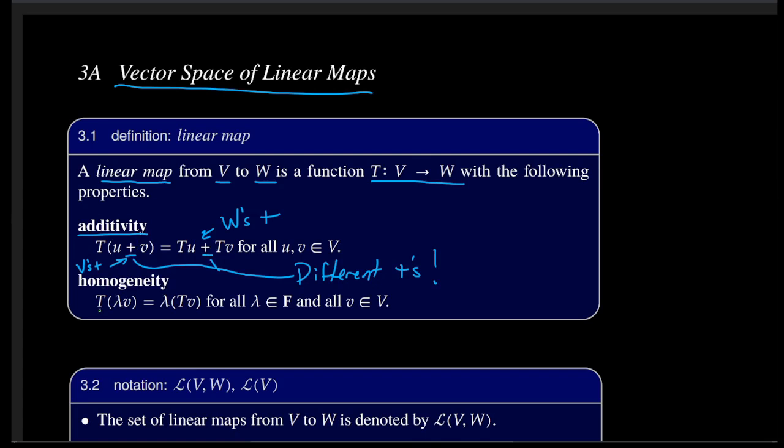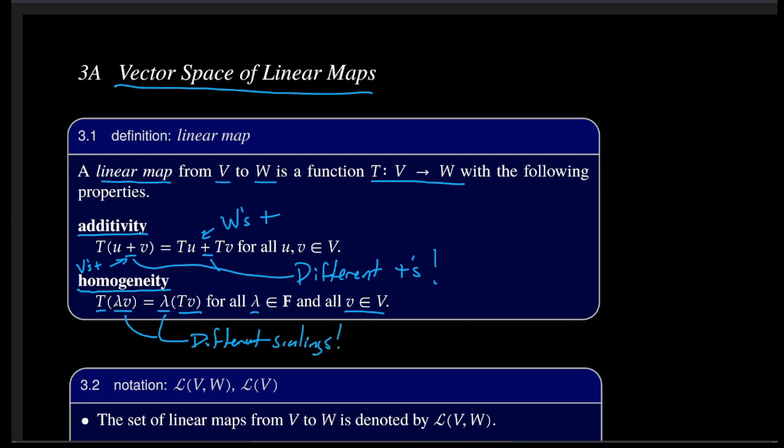Similarly, there's a property called homogeneity, which says that if you map lambda v, what you get back is lambda times the mapping of v, for all lambda in the field and all v in V. So the idea here, similarly, is that these here are different scalings.